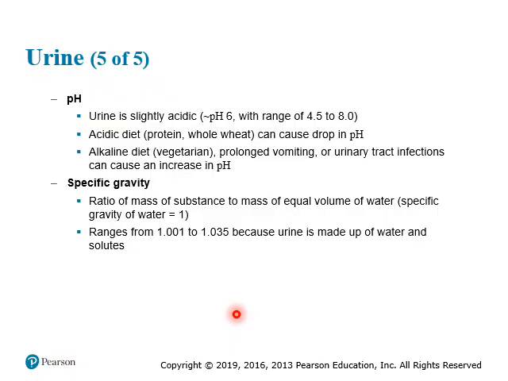Specific gravity is the ratio of the mass of a substance to the mass of an equal volume of water, and the specific gravity of water is 1. So the specific gravity of urine ranges from 1.001 to about 1.035 because urine is made up of mostly water and very little solutes.